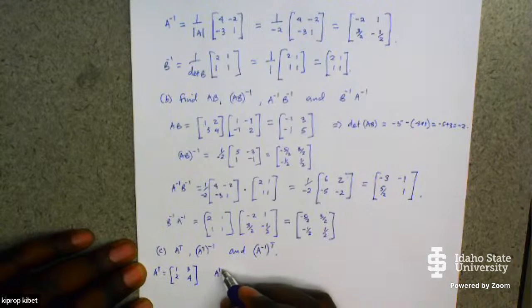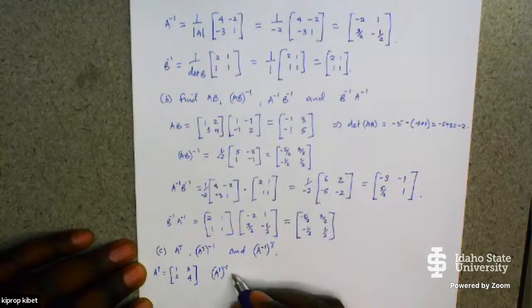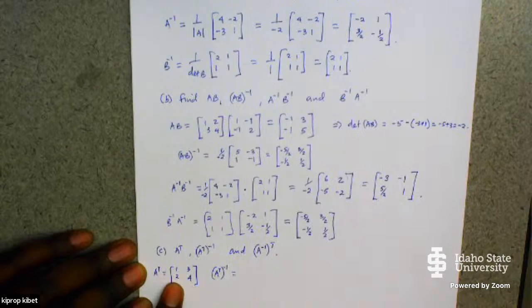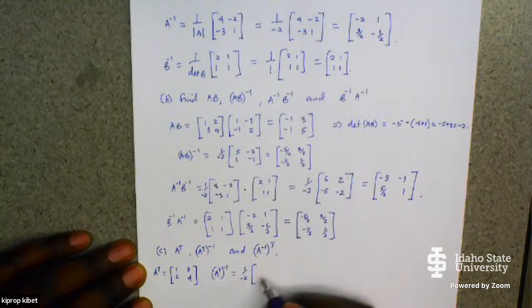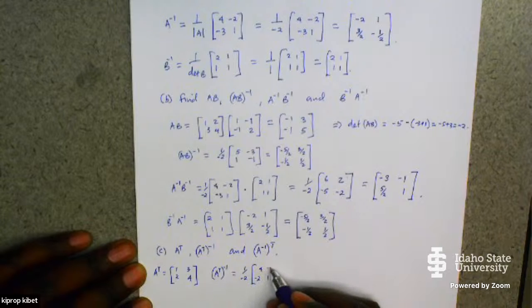A transpose, and then you do the inverse, is the same as doing what? Getting the determinant here, right? Determinant here is 4 minus 6, which is minus 2. And then you do what? You switch that 4 and then 1, and then minus 2, and then minus 3, right?